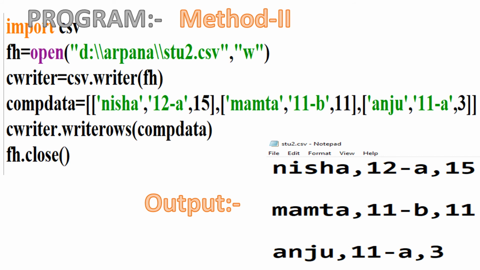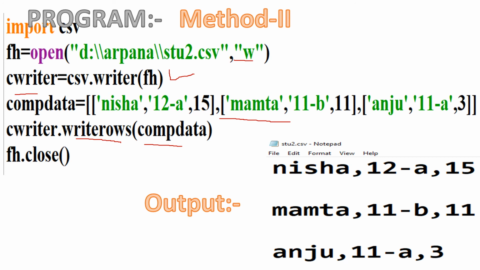Now, in the second method, suppose you have written the file normally without using the argument, that is, import csv, open the file with only W mode, invoke the writer with the file handle, and in csv.writer you use writerows to write the comp data, which is the set of data in the form of a list.